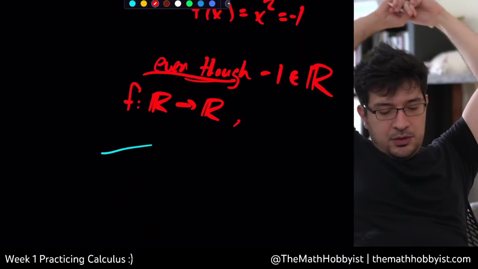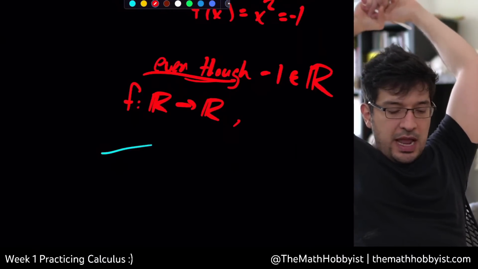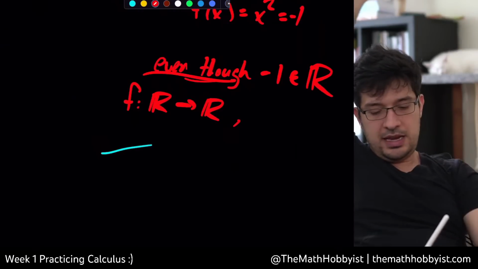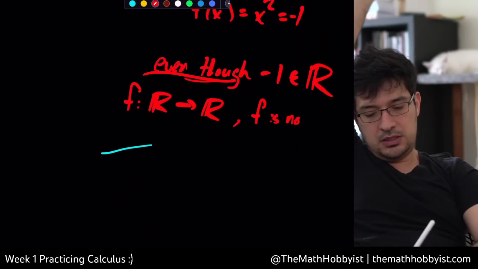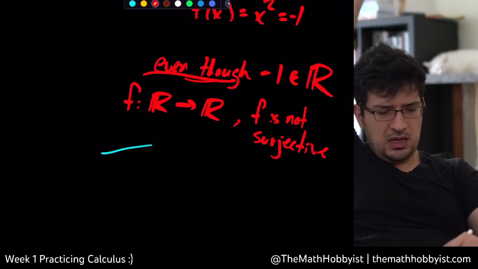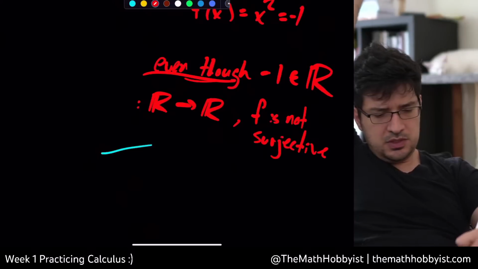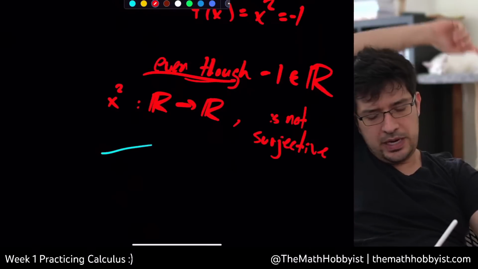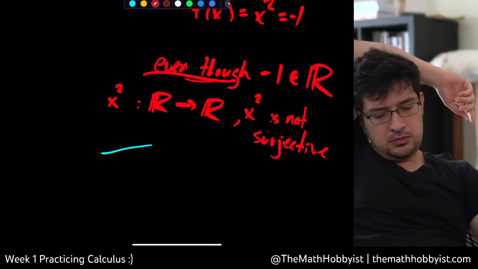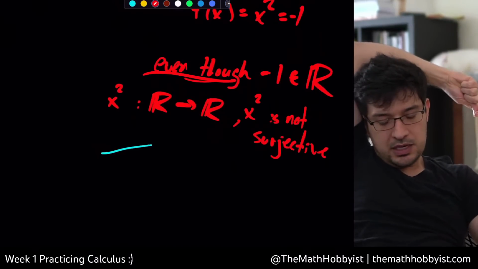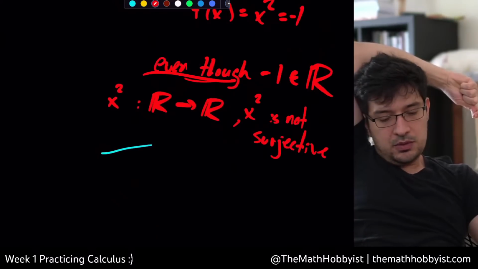Negative 1 is in the real numbers, and if you consider f as a function from the reals to all of the reals, then f is not surjective. For the sake of seeing what we're doing, I'm talking about the function x squared. The function x squared is not surjective because there is no value that maps to the value negative 1.